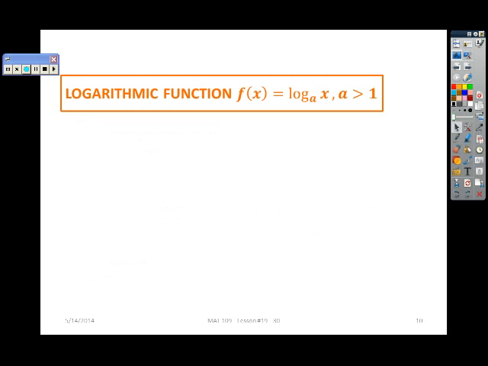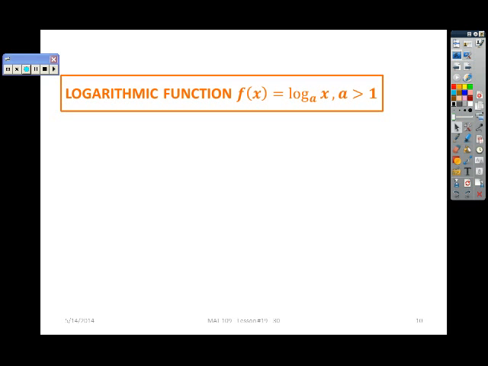Here is what a logarithmic function looks like. So the basic function is logarithm base a of x, just like we did the basic functions y equals x and y equals x squared and y equals x cubed. This is f of x equals logarithm base a of x. A has to be greater than 1 for this particular one.